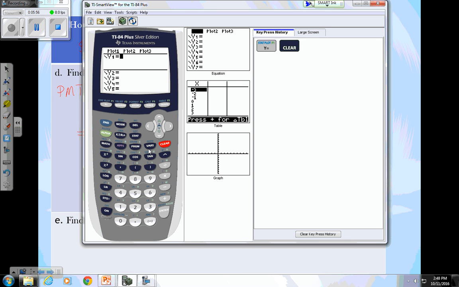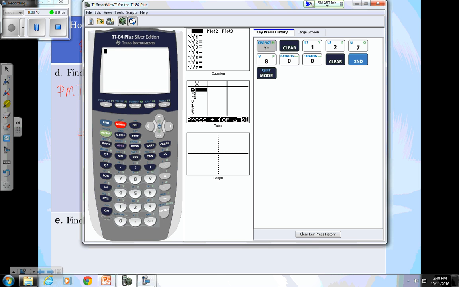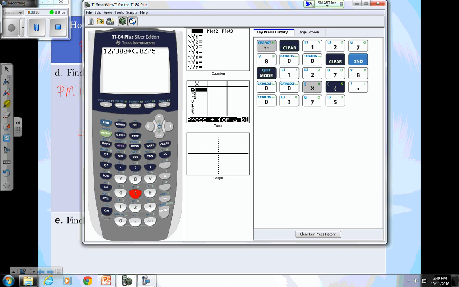Okay, the first thing we're going to do is take the 127,800. Now, I'm going to multiply that times parentheses 0.0375, and that needs to be divided by 12.